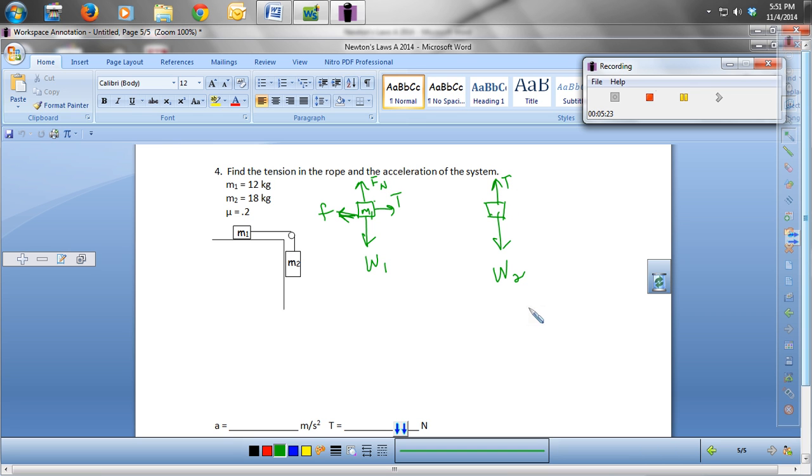Okay, so now I want to do version A and then give you the right answer to B. Okay, so that's what I had. I'm going to make this one be positive, this be negative, which makes this tension be positive and this friction be negative. So net F equals MA.